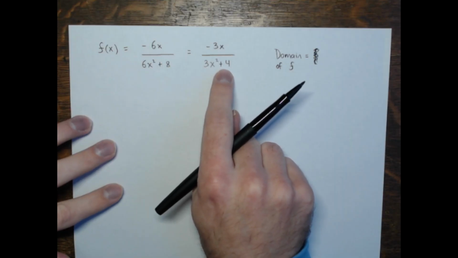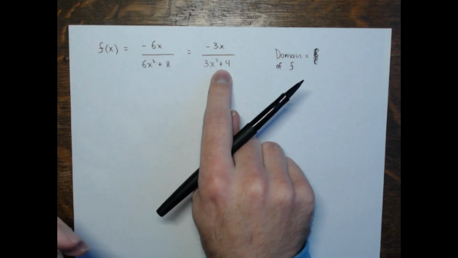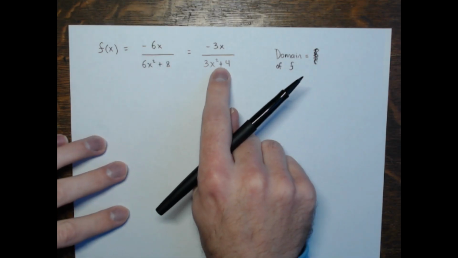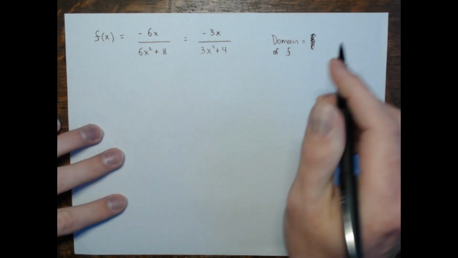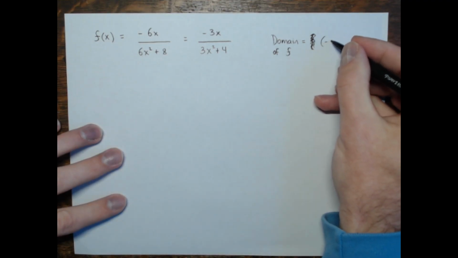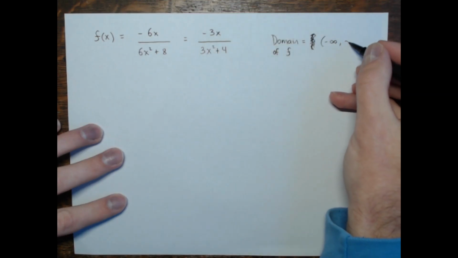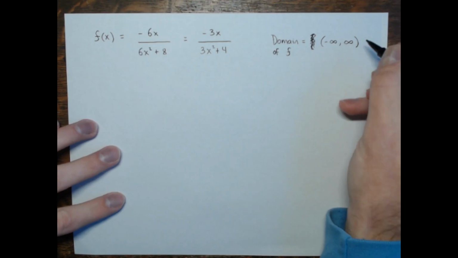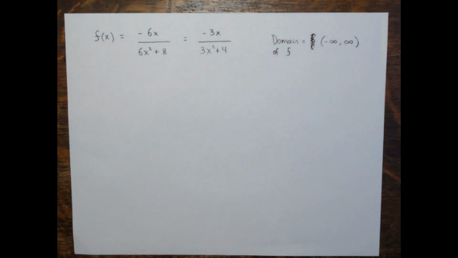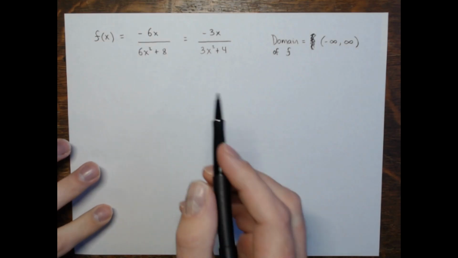That'll never be 0 for any real value of x, right? Because if this was 3x squared minus 4, then you'd have some values where the denominator would be 0. But this is once again all real numbers. Any value of x will give me some real number output here. All right, so whatever critical values I find, I'm going to have to look at all of them to determine if we have any local max or min on the graph of f.